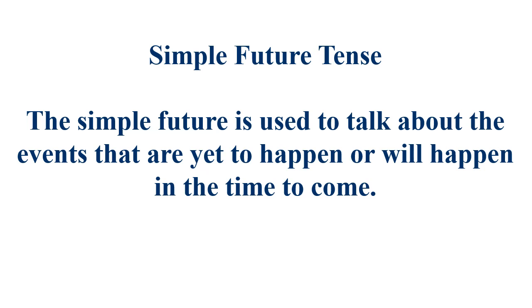Simple future tense. We use simple future tense to talk about things that have not happened yet. We use it to talk about an action or condition that will begin and end in the future.